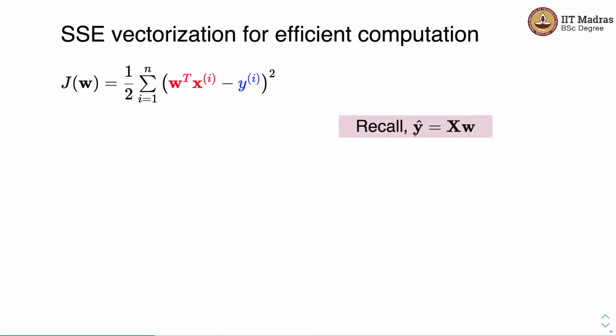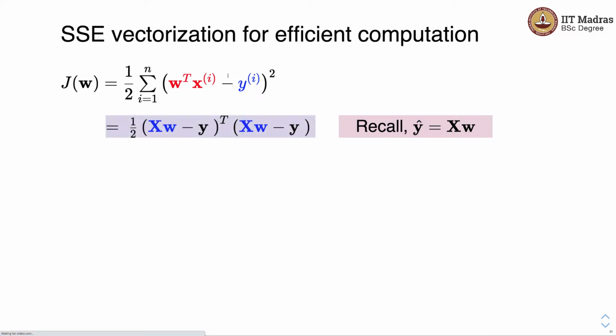We know that we can get the prediction for all points by multiplying the feature matrix with the weight vector. So we'll use this particular formula in order to obtain the vectorization of the loss function.